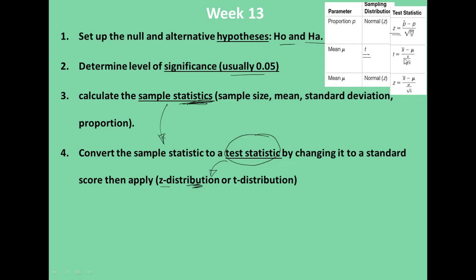If the standard deviation of the population is not known, an unknown population standard deviation, then you use the t-distribution. If the sample size is small, less than 30, then you use the t-distribution. You can see that the formulas for finding the test statistic for mean are the same.